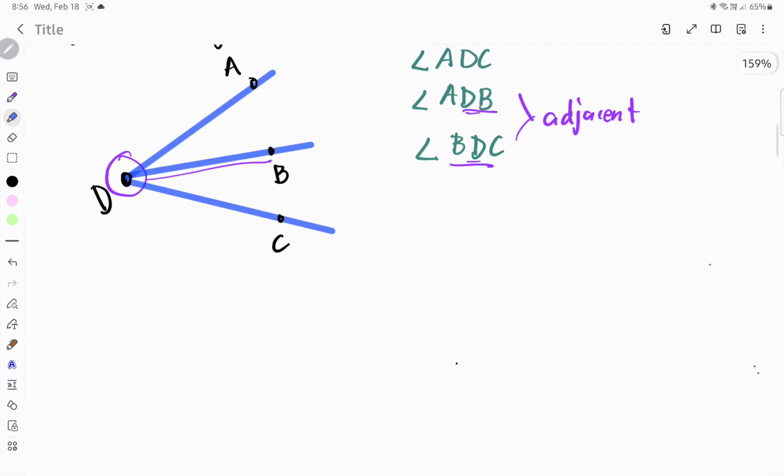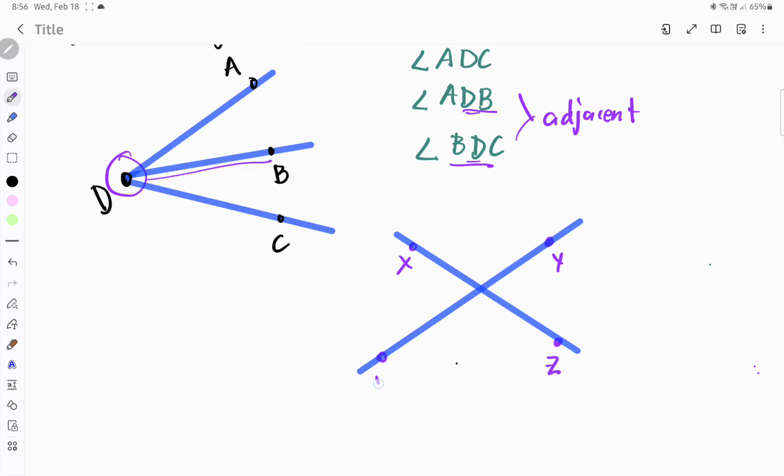Now, another example. Naming these as X, Y, and Z, and this is W, and this is P. Angle XPY is adjacent to YPZ because they have a common side, PY, and a common vertex.